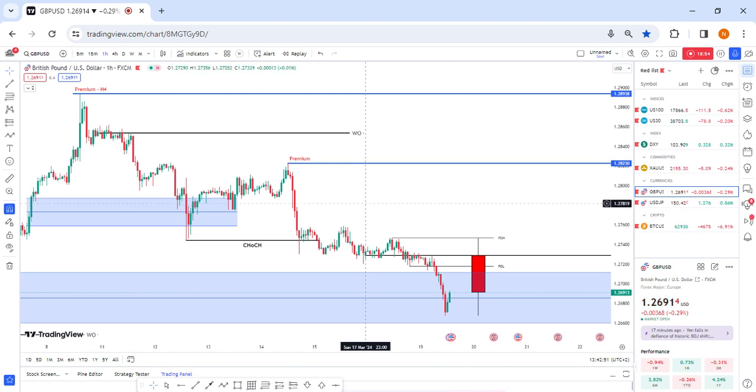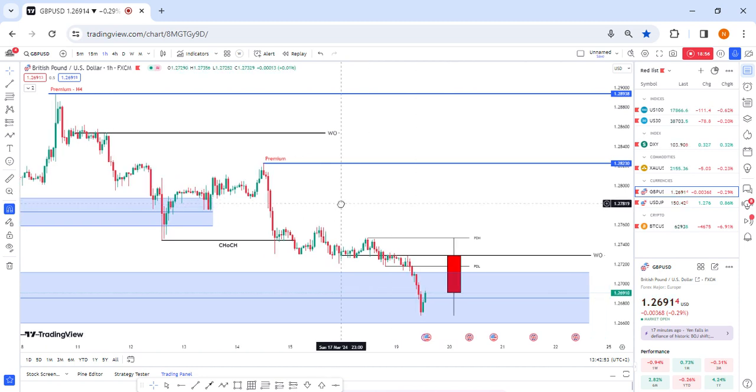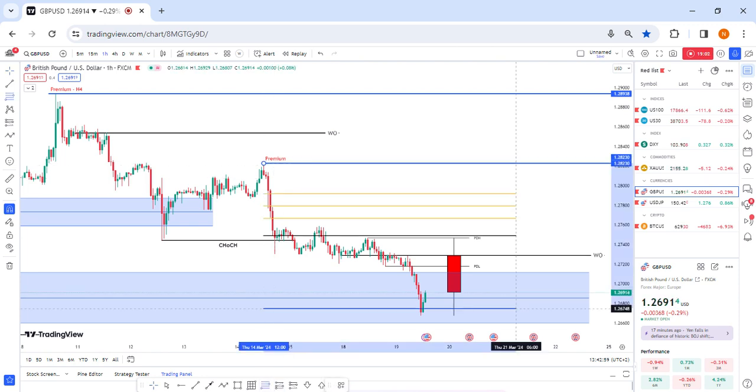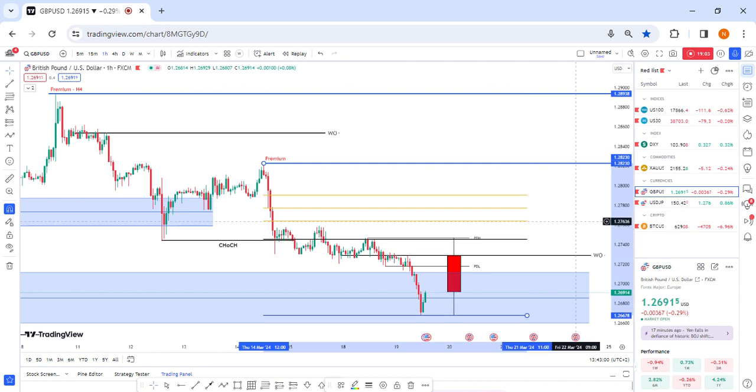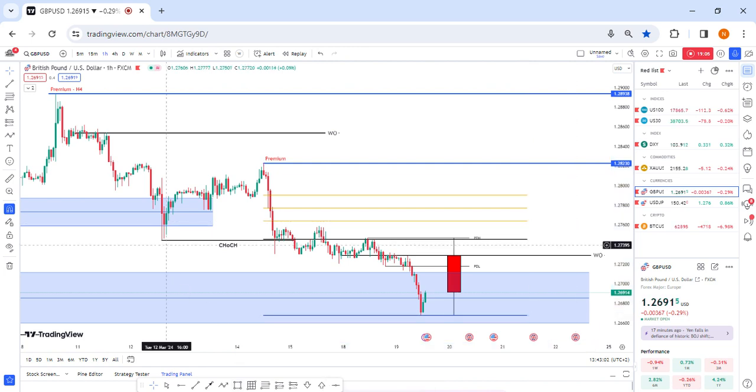1 hour time frame. So again, guys, if you're looking for a setup on the 1 hour, you look at something like this, you think that you might be looking to buy as it took out this low over here.